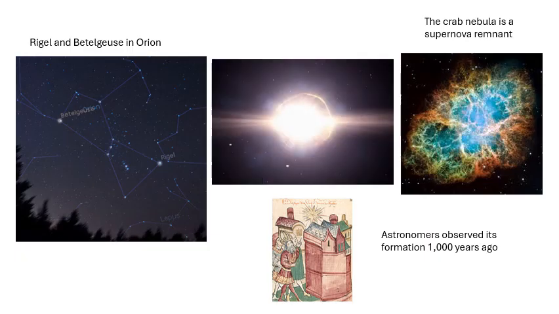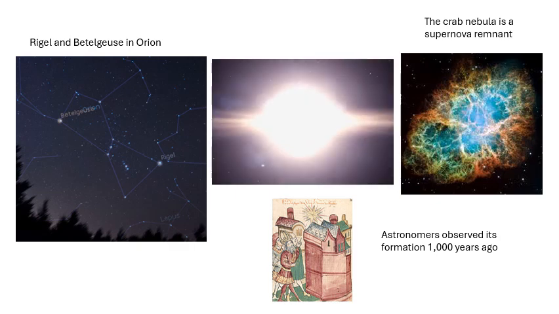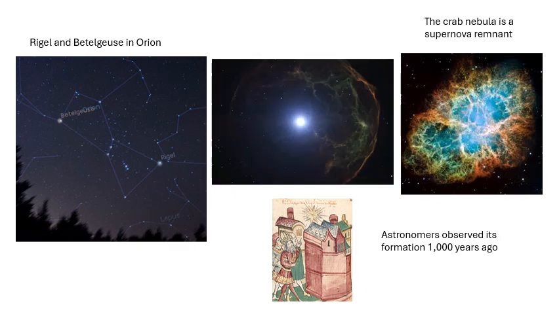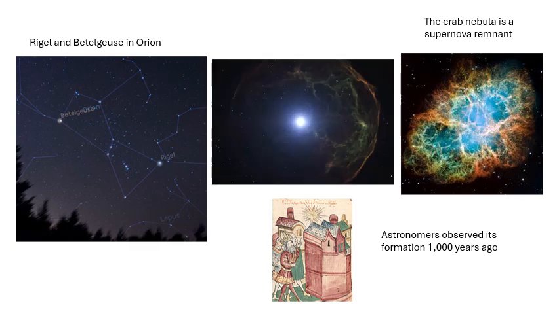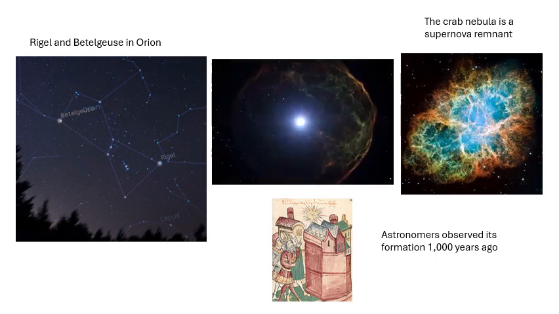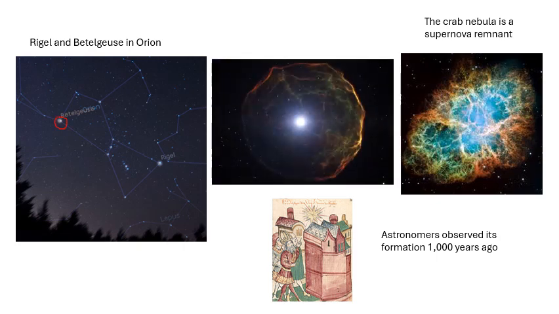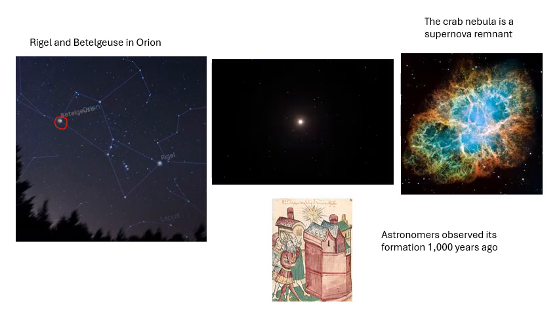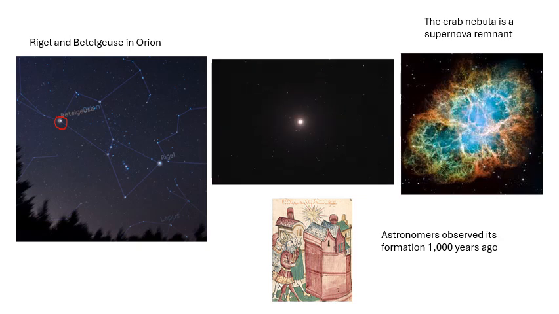So, pretty pictures. Orion: get outside in the winter and find Orion, this asterism in Orion. You'll see there's Betelgeuse, which is a red giant, which apparently went supernova some time ago, obviously, but we may observe it in the very near future.